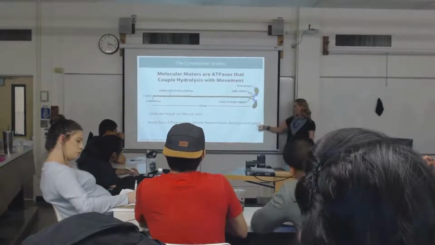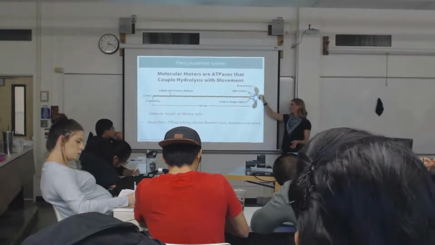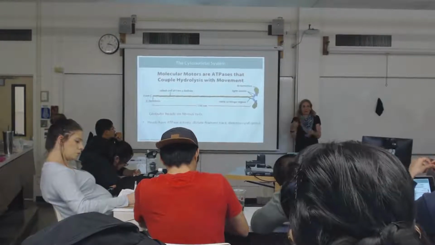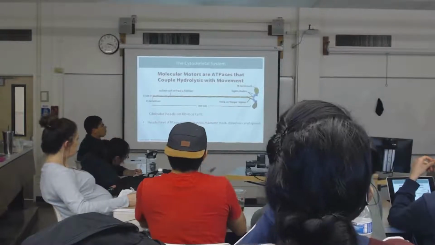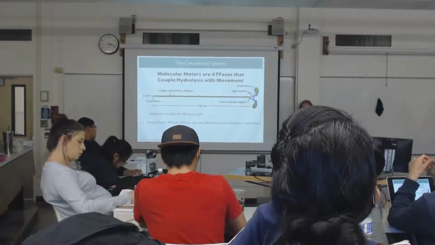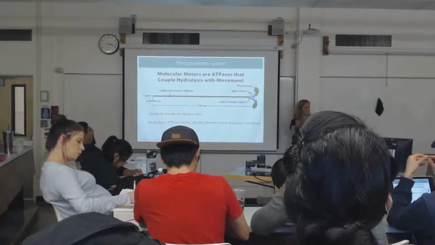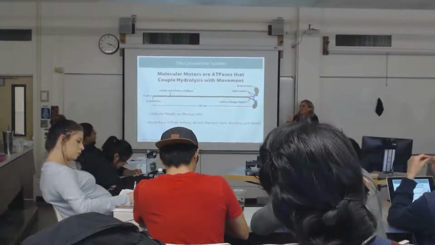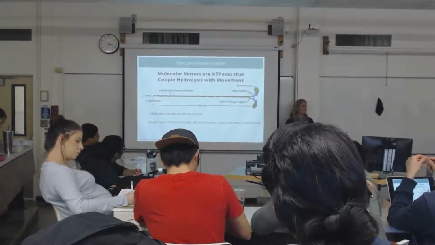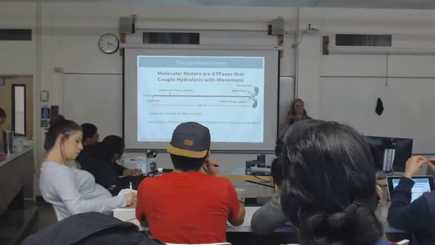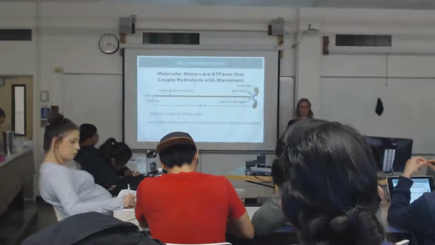That's what it means by dictating filament track and direction. Those heads have affinity for, depending on the motor, actin filaments or microtubules, and the structure of those globular heads determines which direction it's going to walk on that filament. It's just its feet only work in a particular order. And then speed is essentially how fast they are able to hydrolyze ATP. The faster they hydrolyze ATP, the faster they can move along the filament.